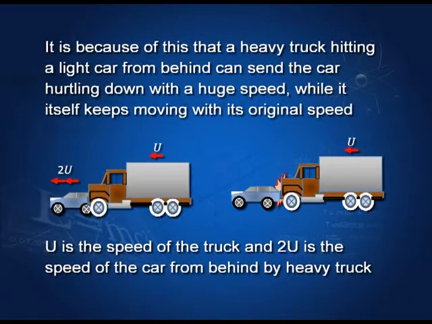A truck is hitting a stationary car from behind. The truck is coming with velocity u, hits the car from behind, and what happens? The truck keeps moving with the same velocity u, whereas the car now moves with double the velocity of the truck, 2u. That means the car suffers a great deal of damage when a truck hits it from behind.